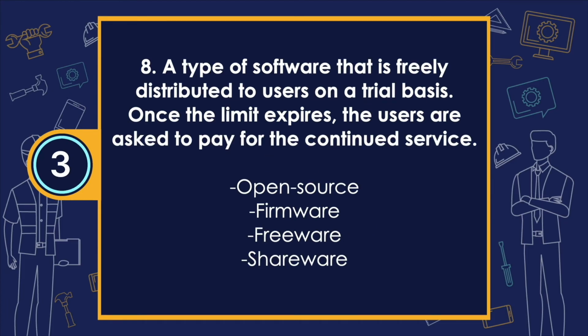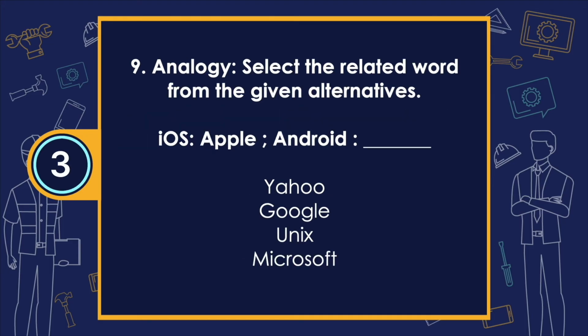Number 8. A type of software that is freely distributed to users on a trial basis. Once the limit expires, the users are asked to pay for the continued service. The correct answer is shareware. Number 9. Let's have an analogy. Select the related word from the given alternatives.